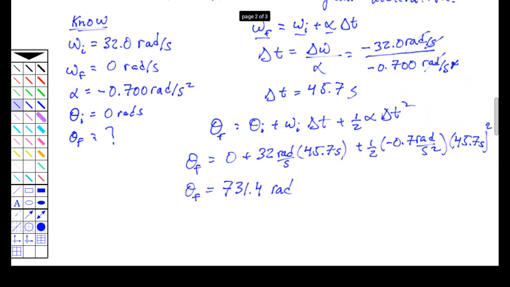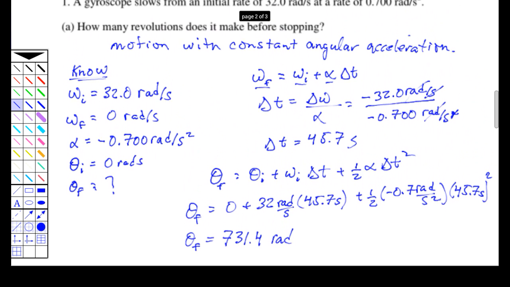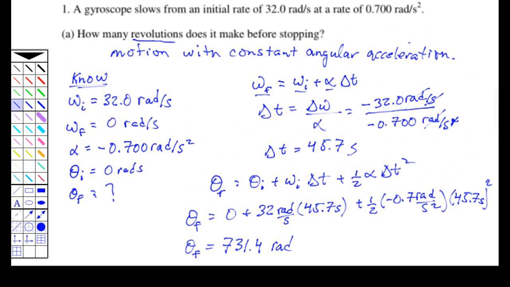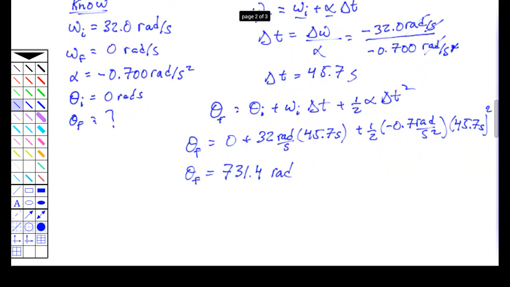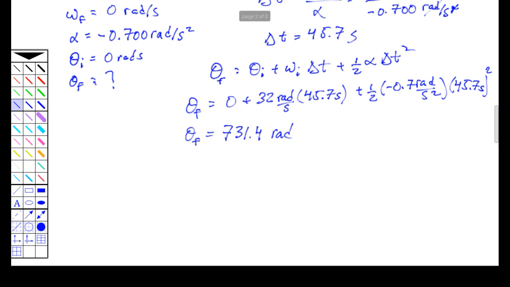Okay, well that's the angle. What we were asked to find is how many revolutions this gyroscope makes. So to figure that out, the number of revolutions is equal to our change in angle over the amount of radians for one revolution, which is just 2 pi.